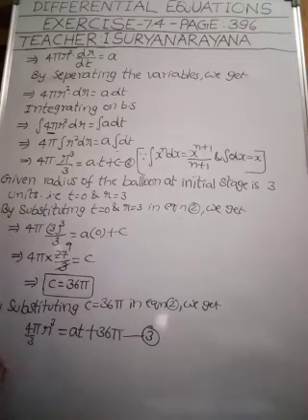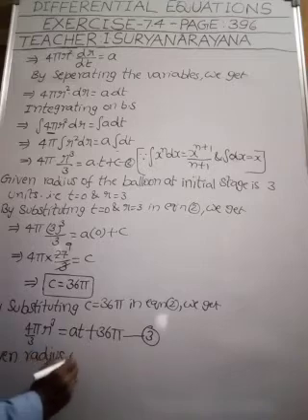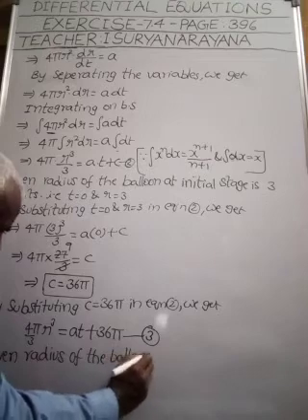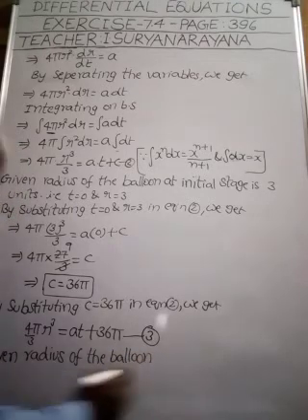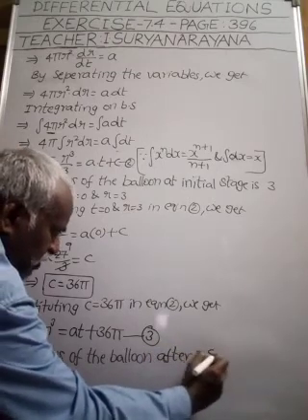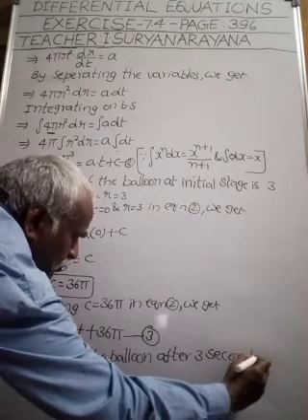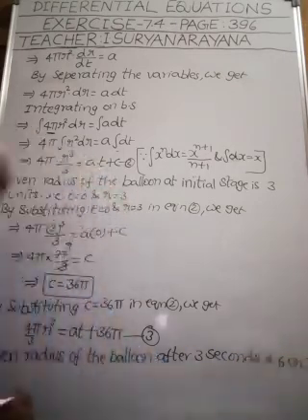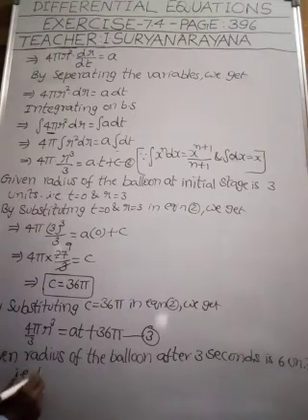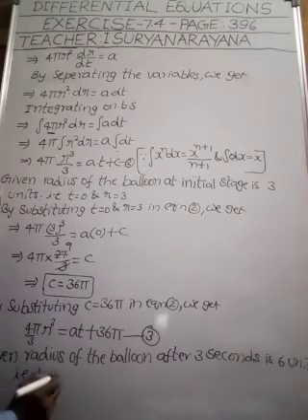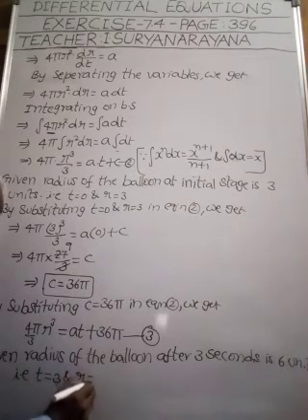Given that the radius of the balloon after 3 seconds is 6 units, that is, after 3 seconds, t is equal to 3 and r is equal to 6.